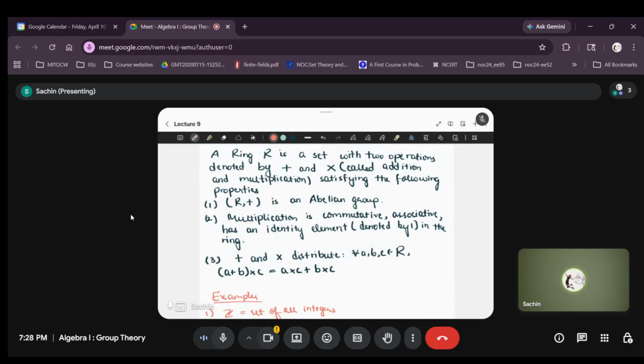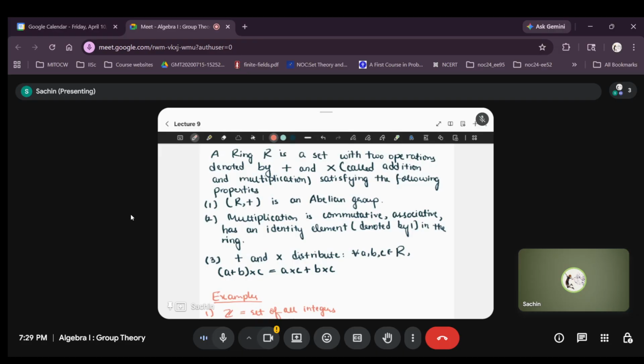The addition is the one with the most structure here. So it's an abelian group. For the multiplication, you don't need inverses. In case you have two operations which have everything, usually that won't happen because zero won't have an inverse, unless in the trivial case where zero and one are the same.